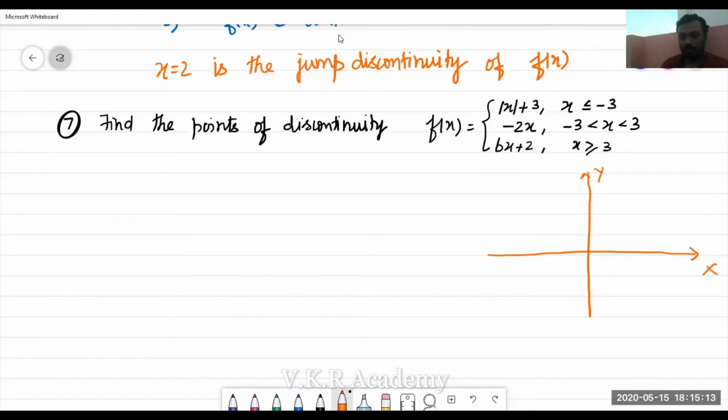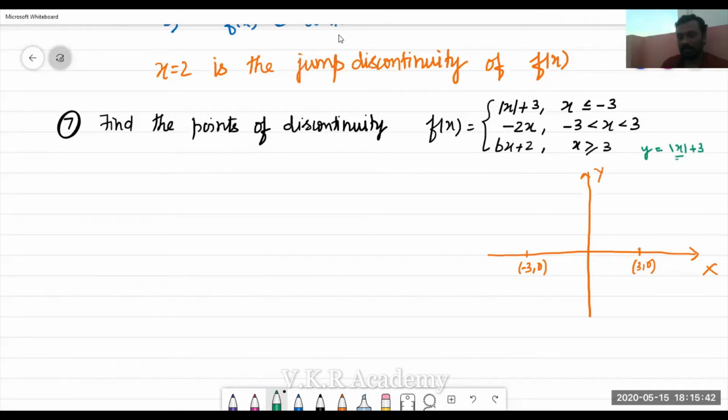Now we have got 2 points where the function gets split up. It is at minus 3, 0 and 3, 0. When x is less than minus 3, it is along this direction, we have y is equal to mod x plus 3.